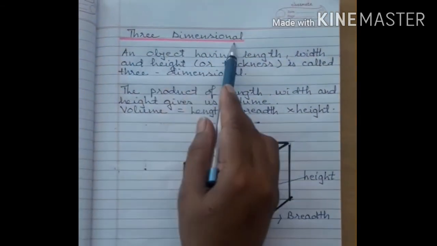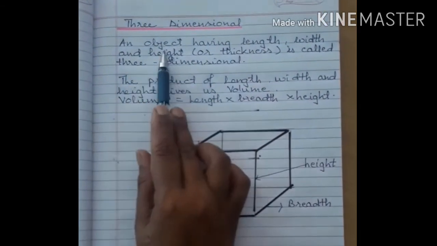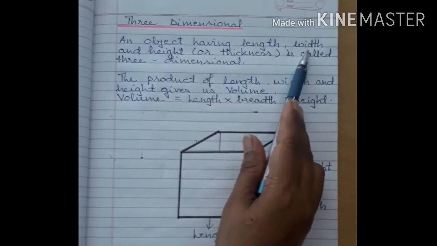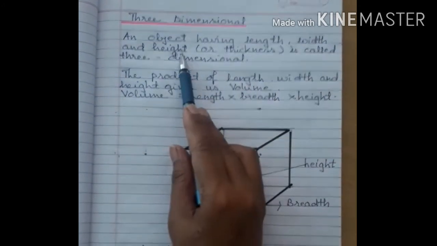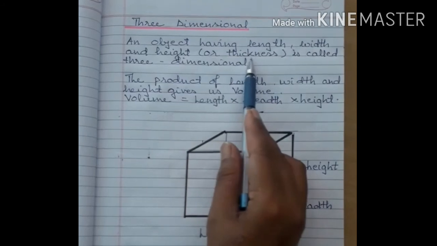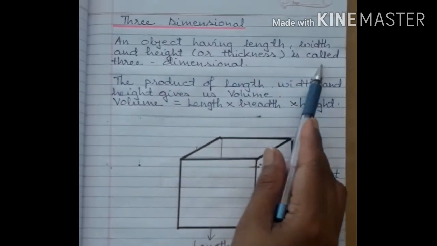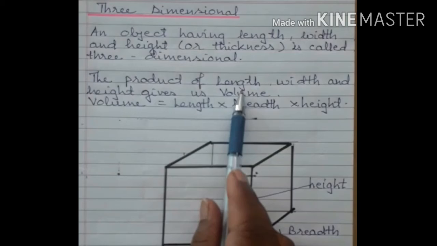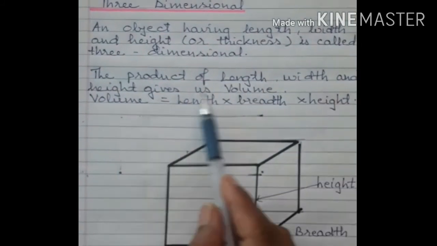Now what is a three-dimensional object? An object having length, width, that is breadth, and height, or you can say thickness, is called a three-dimensional object. A product of length, width and height gives us volume.